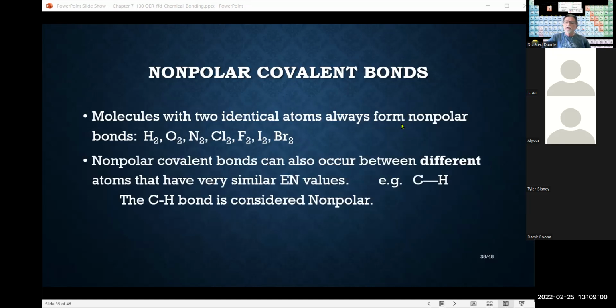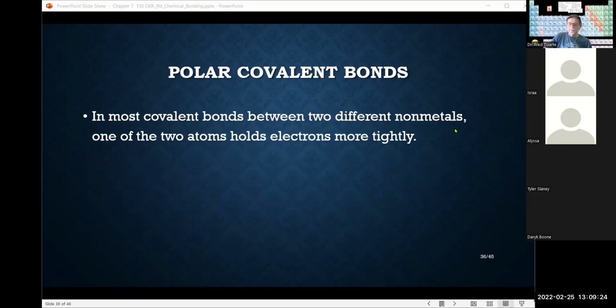The carbon-hydrogen bond is also considered nonpolar, so remember that, nonpolar for carbon-hydrogen bond. Why is that? Because the electronegativity values for carbon and hydrogen are essentially the same, negligible as far as the difference, so they're treated as the same.